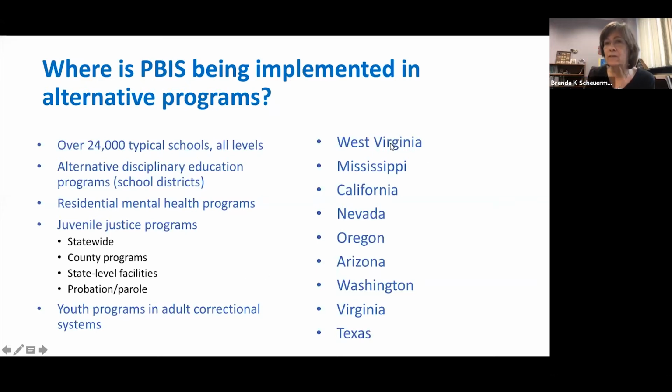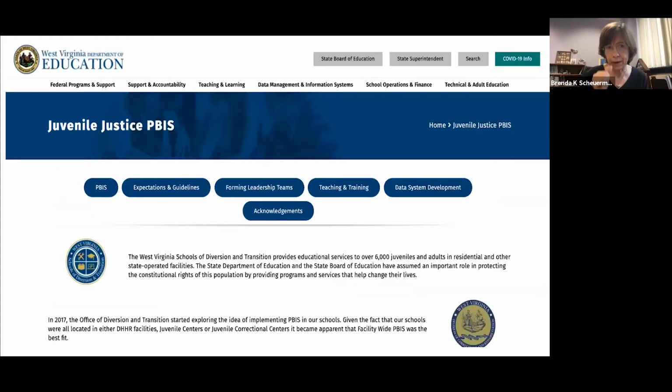And the states listed here have various degrees of PBIS implementation in alternative programs around their state. I put West Virginia at the top of this list because, to my knowledge, West Virginia is one of the states that is really focusing on integrating PBIS throughout all of their alternative programs.